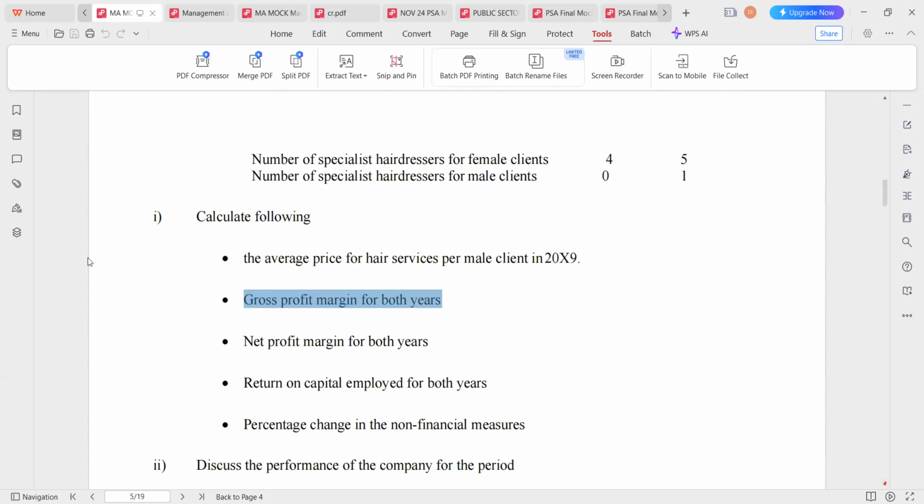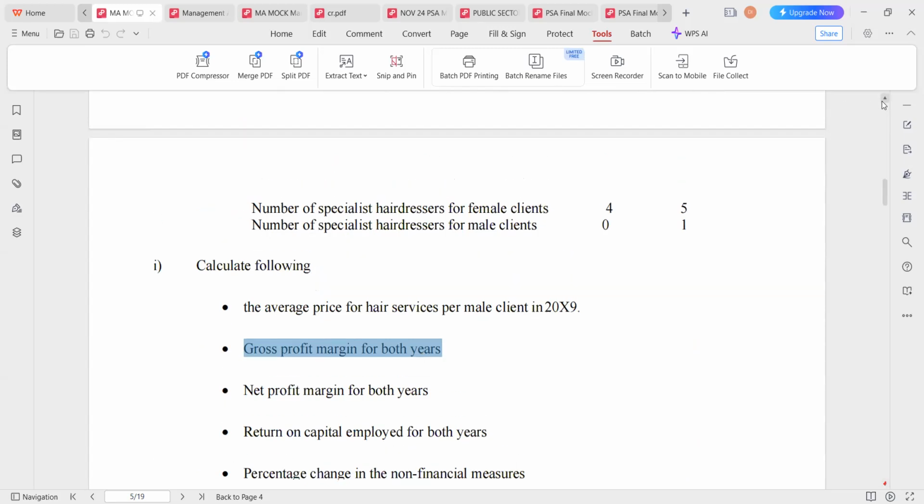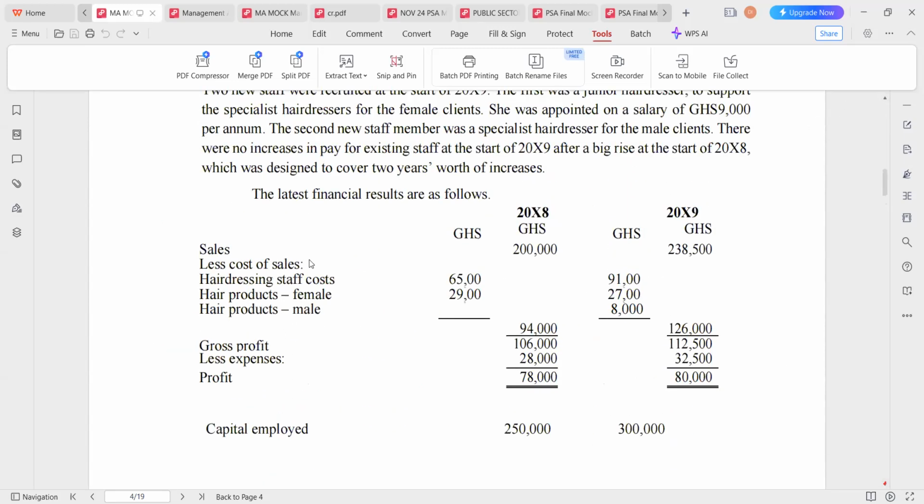Good. So we pick the gross profit. When you go up, gross profit is here. Sales is here. What's the figure for gross profit? 106,000. Good.